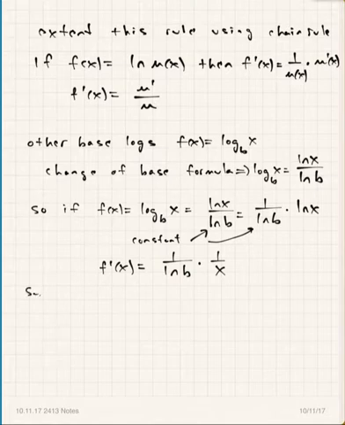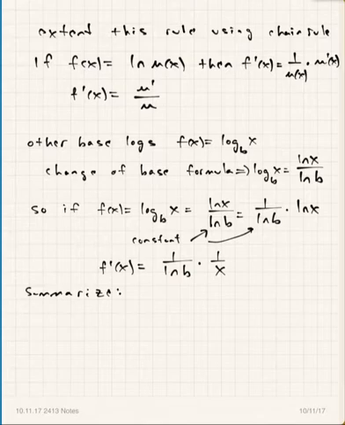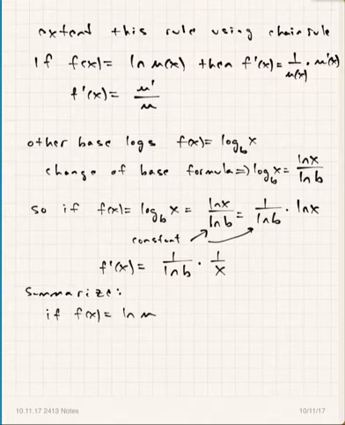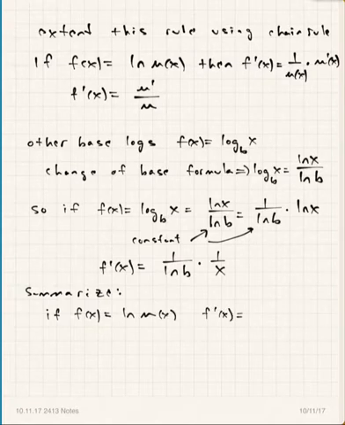So to summarize, and then we will look at some specific examples of differentiation here. If f of x is the natural log of u, some function of x, then f prime of x is u prime of x over u of x.